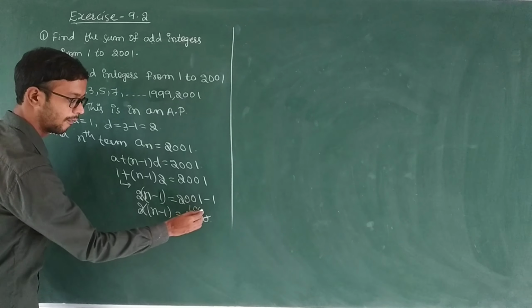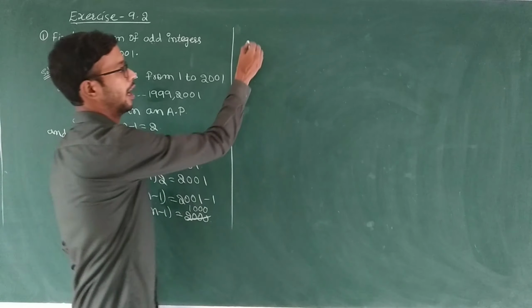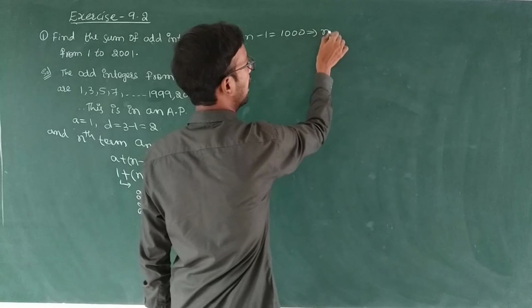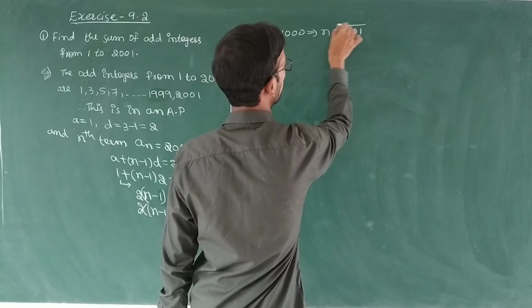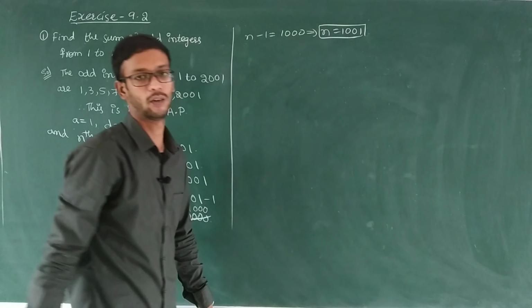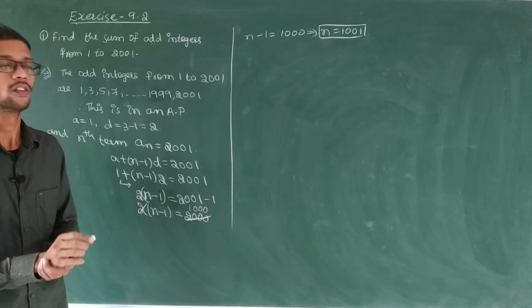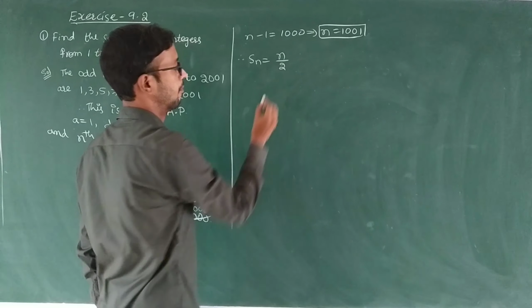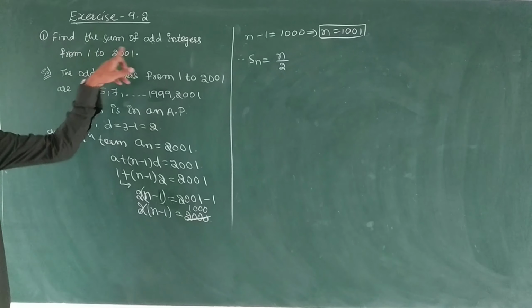The 2s cancel, n minus 1 is equal to 1000. n is equal to 1001. Now I will find the Sn formula, the sum of n terms, since the sum of the odd integers is asked.